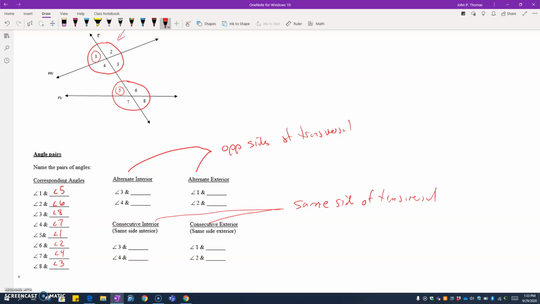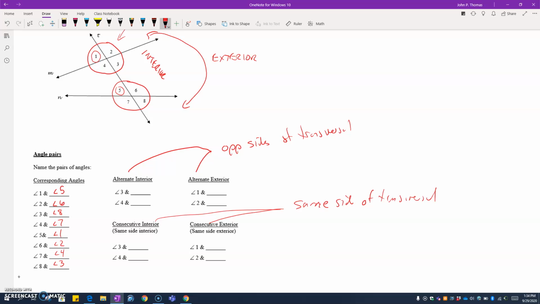So opposite side of the transversal for alternate, and same side of the transversal for consecutive. Then the other classification is interior, exterior. Interior is between the two lines, and then exterior is on the outside of the two lines.